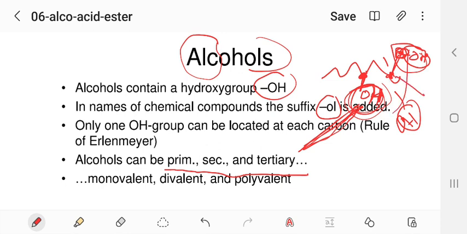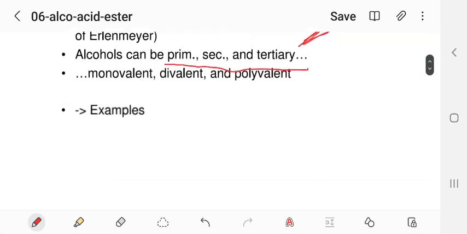It's not possible. Only one hydroxy group should be located at each carbon atom, a maximum of one, in order to be classified as an alcohol. And it can be monovalent, divalent, and polyvalent.